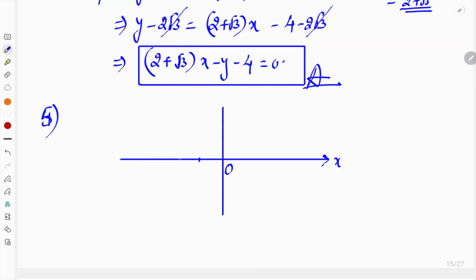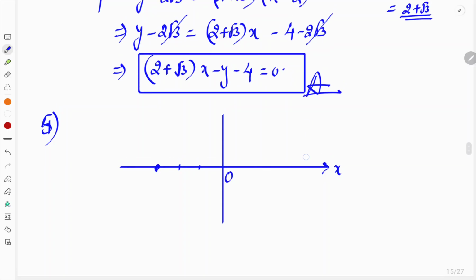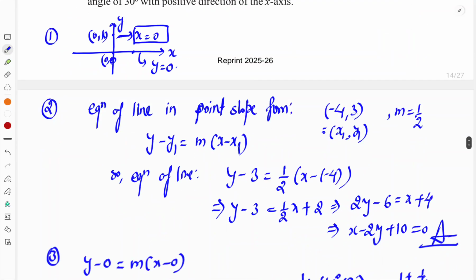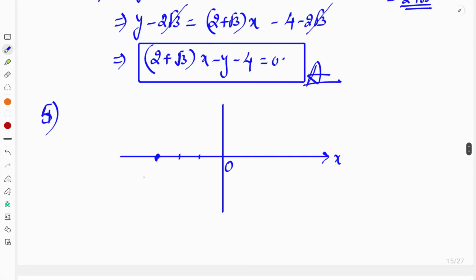So 3 units, 1, 2, 3, to the left side, meaning the line passes through this point. Its slope is negative, minus 2, meaning the line will be passing through the point (-3, 0).